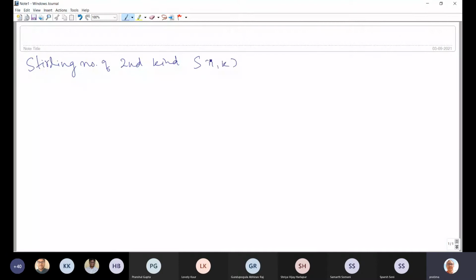This was the notation, and this is the number of partitions of an n-set into k blocks. You just remember S(n, k) is the number of partitions of an n-set into k blocks.